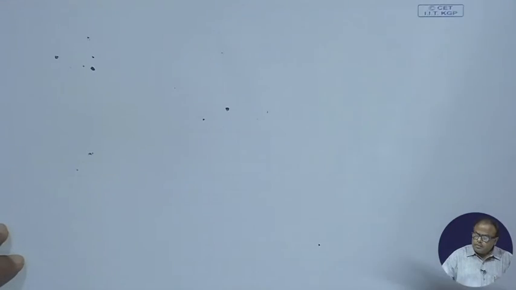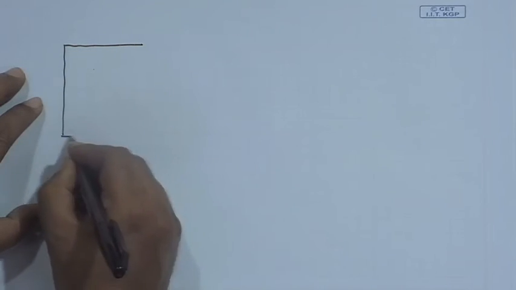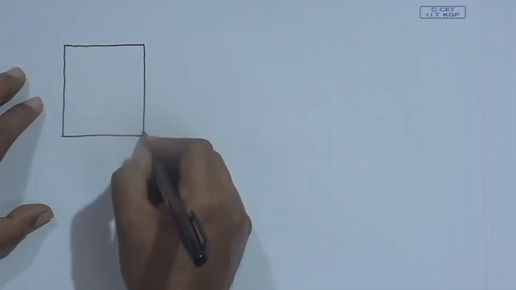Now, one of the conditions, now let us look at this diagram. Say I have got 2 processes, one is A and B I was showing.